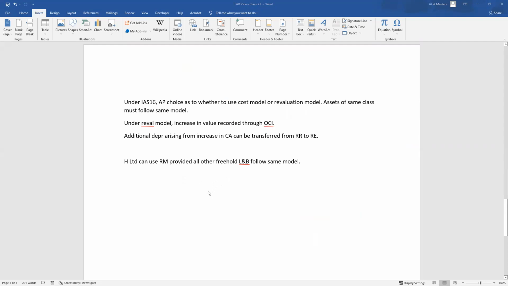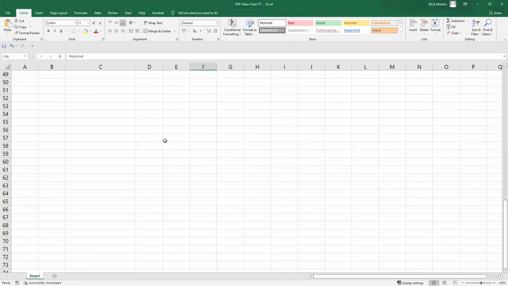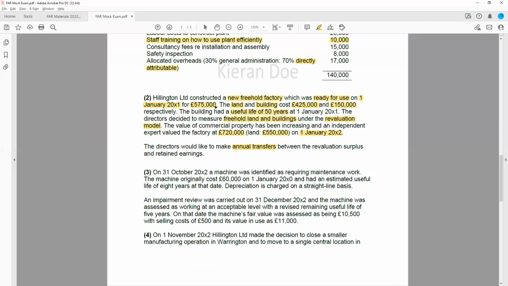So we can think about how this would look on the numbers. If we think about what our PPE looked like previously, we've got the land and buildings and the total. Now we're told here what they originally cost.